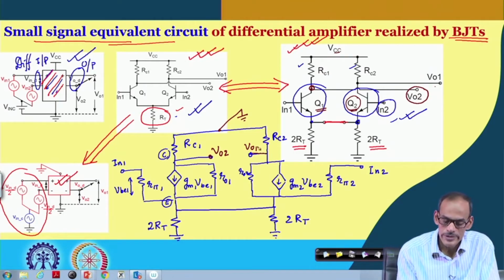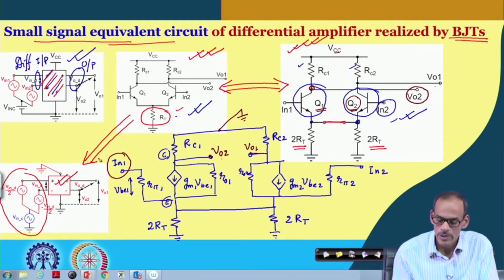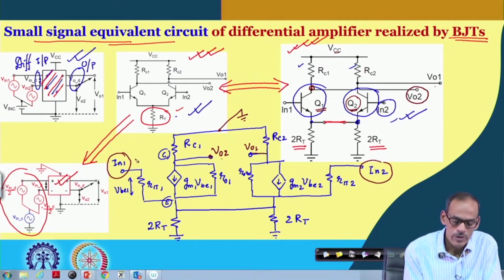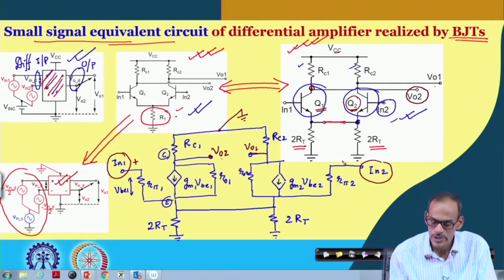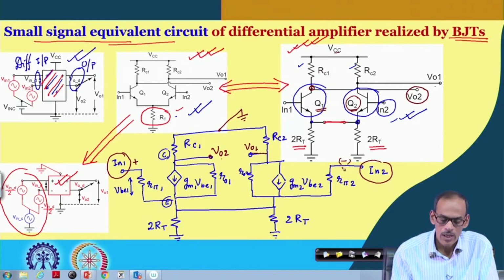Now, why do you call this VO1 and VO2? That is just to take care of the polarity of the signal in differential mode. So, if I consider this input is the non-inverting input and this is the inverting input, and then the corresponding output, if we say that this is the true signal, and this is the complementary signal, and the difference of these two voltages we call VO differential.